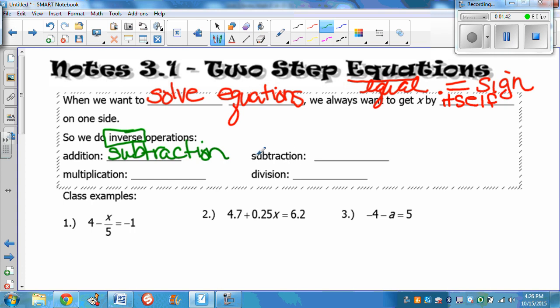Therefore, the inverse of subtraction, to undo subtraction, we have to do addition. And what about the inverse of multiplication? Well, that is division. And what's the inverse of division? Well, that's multiplication.